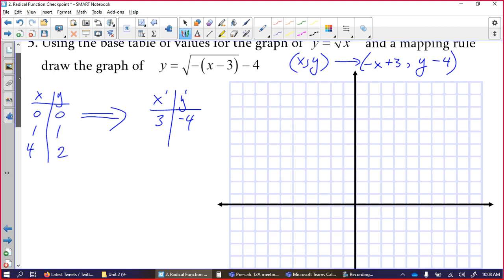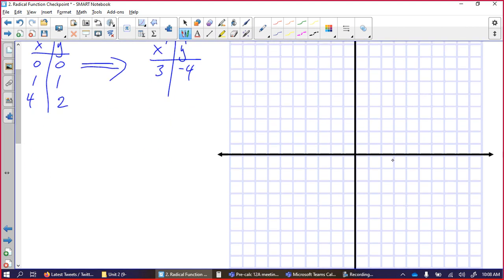So what we're getting, 3 and negative 4, that first point where the 0, 0 is, when we go back to doing the inverse of a quadratic, the inverse of the vertex stays the same. So the original point there is akin to a vertex. It's not the same because the vertex is the lowest point and this is more a starting point.